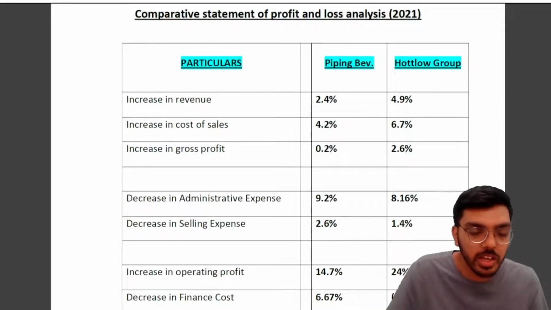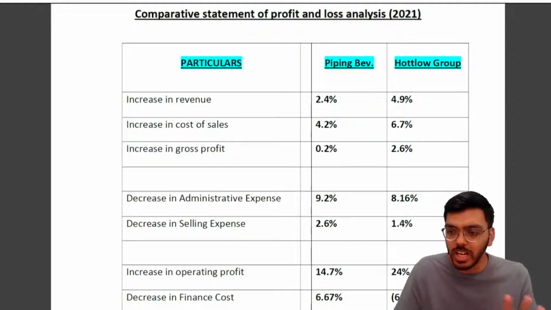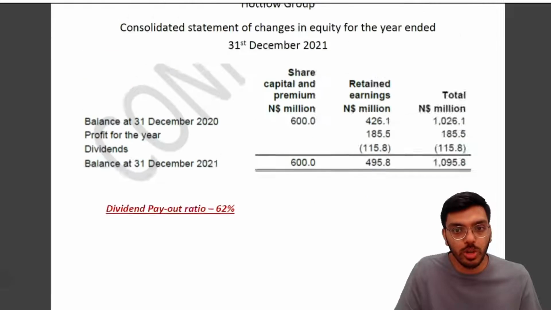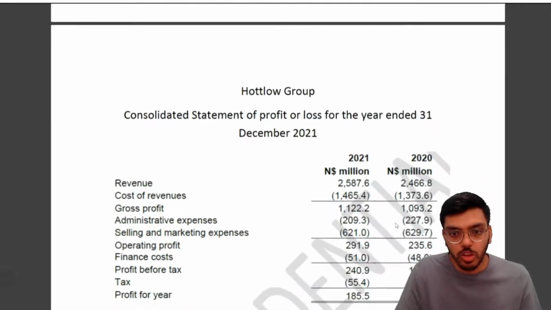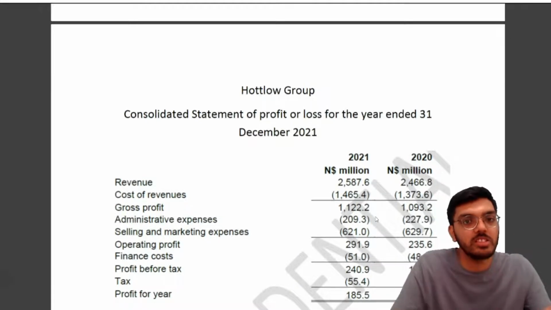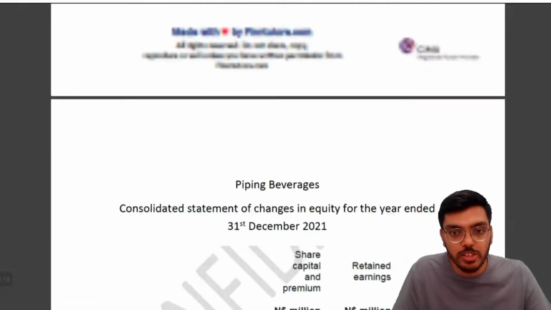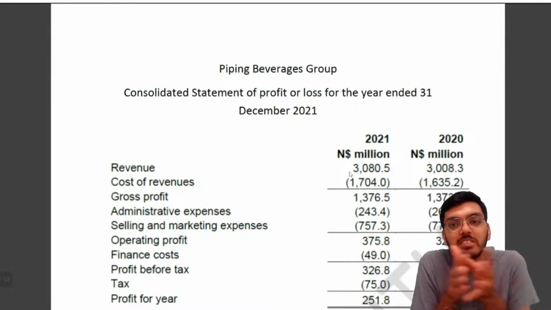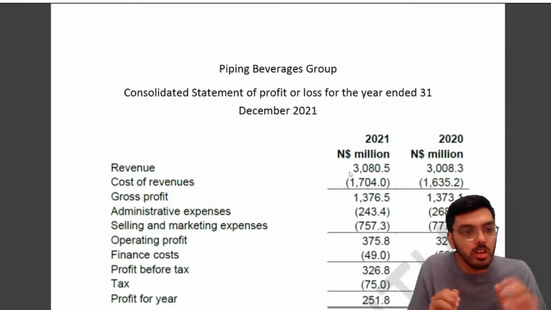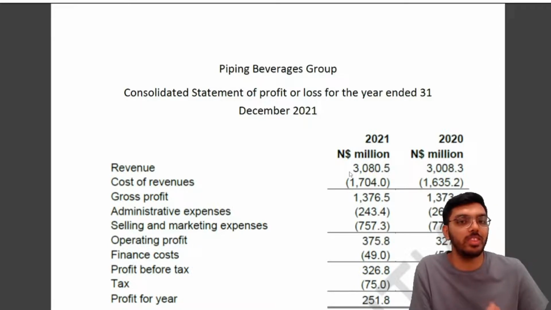Now in this year, if we look at the absolute numbers first, a very quick look into the absolute numbers, let me just scroll up. You will see that the revenue in this year for Hotlo was 2587. If I quickly scroll up to my company Piping, my revenue was 3080, which tells me that in absolute terms, our company generated more revenue than theirs.